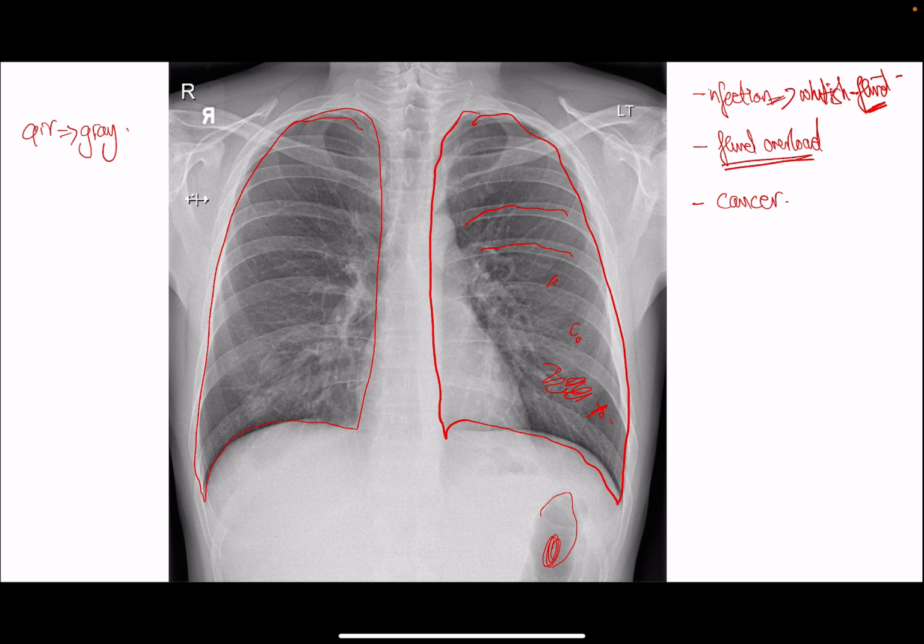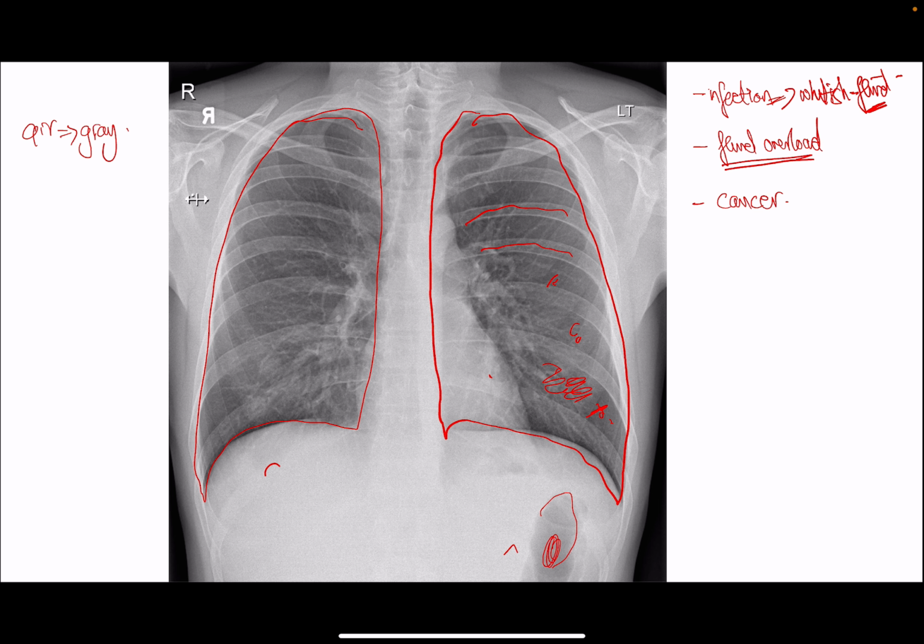But fluid overload is something that is seen in organ failure, such as heart failure, liver failure, kidney failure. And what happens is the body is unable to excrete fluid appropriately, and there's a buildup of fluid, and in that situation the fluid can leak into the lungs through these vessels.